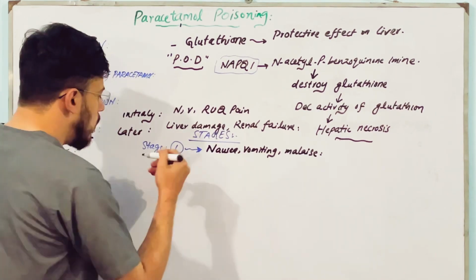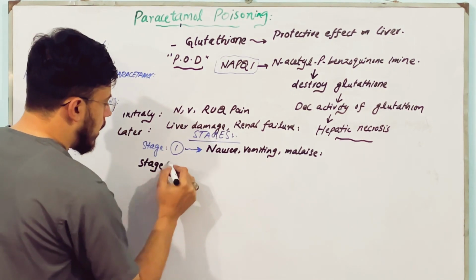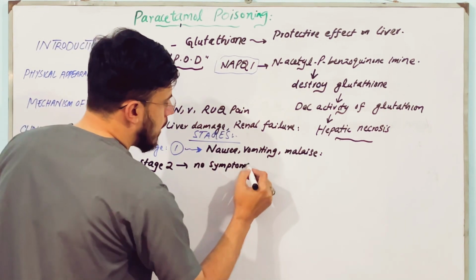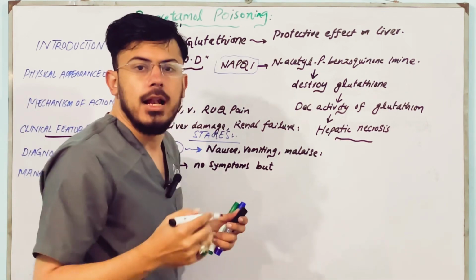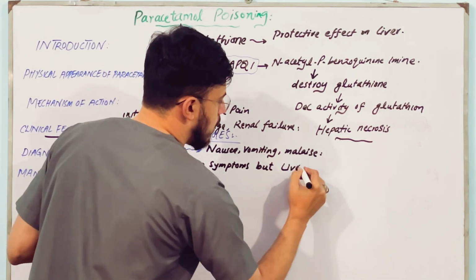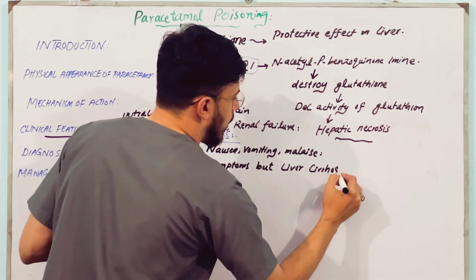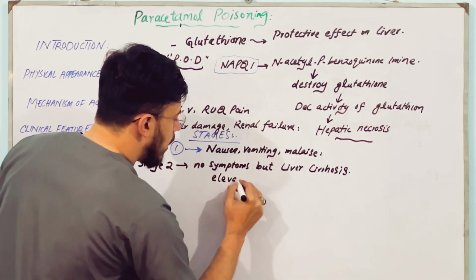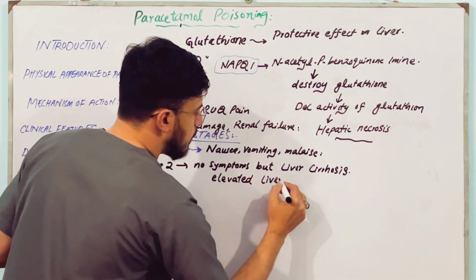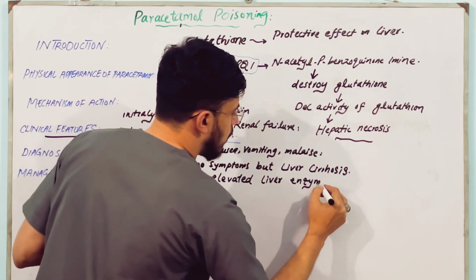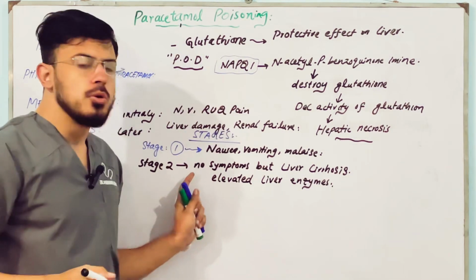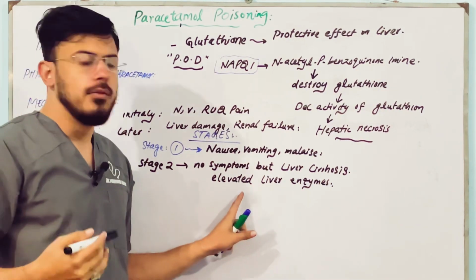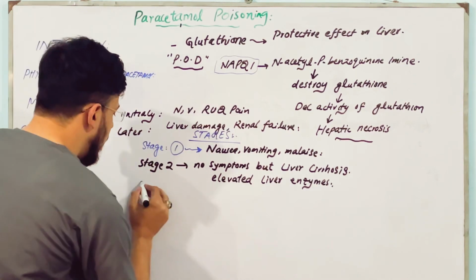In stage 2, there are no symptoms, but there is liver involvement, and often deranged and elevated liver enzymes.